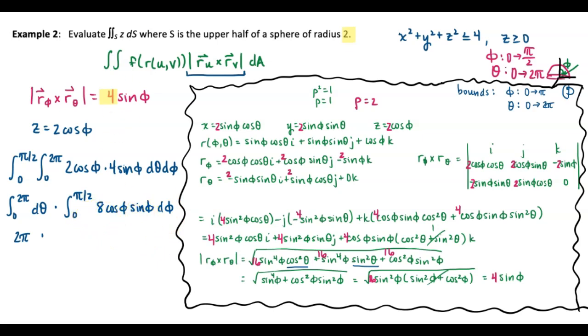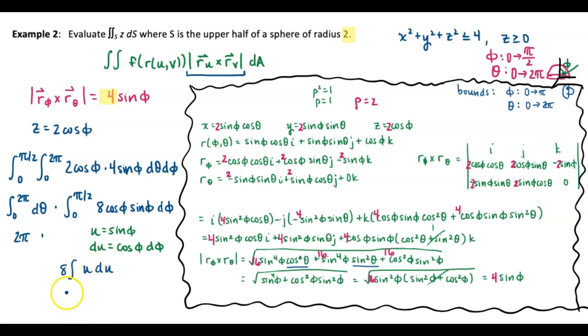Because I know the derivative of sine is cosine, if I want to avoid negatives, I can let u be equal to sine of phi, which would mean our du is equal to cosine of phi d phi. And so I can rewrite this integral. Let's pull this 8 out to the front as 8 times the integral of u du.